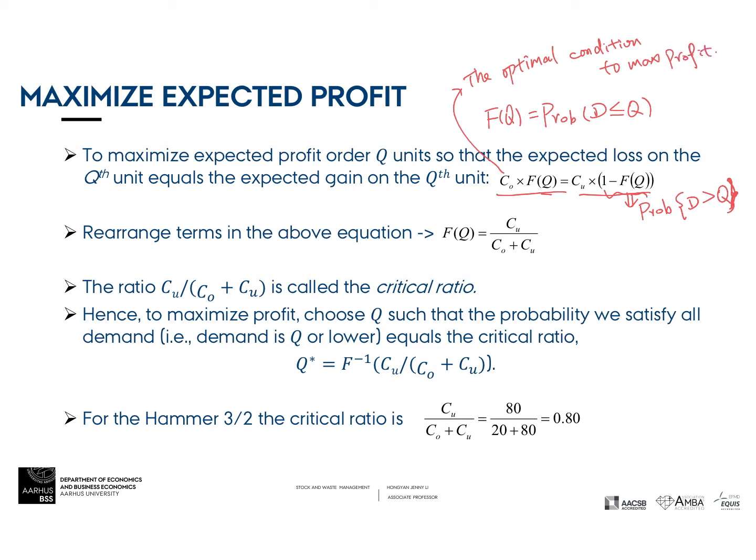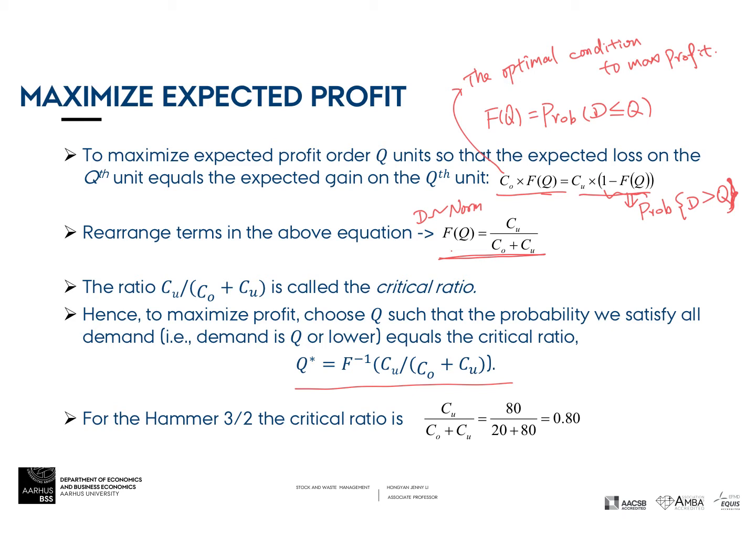If we rearrange this equation, we get the optimal solution from F(Q). If we have an explicitly defined probability distribution, for example demand D is a normal distribution, you can find the optimal Q from the inverse normal function.